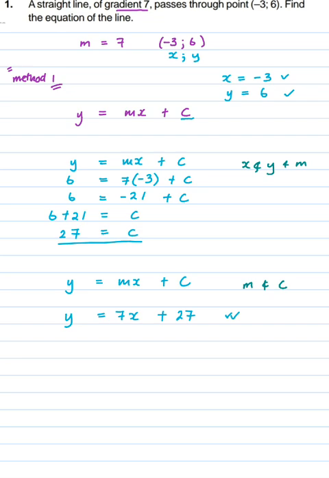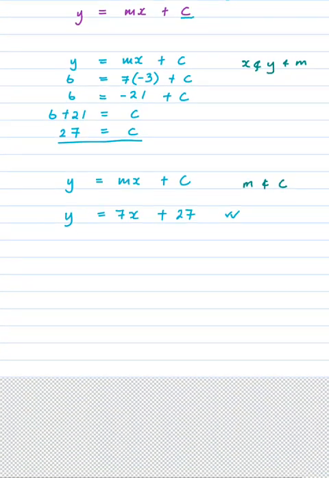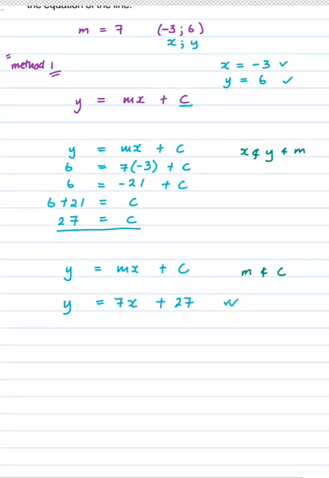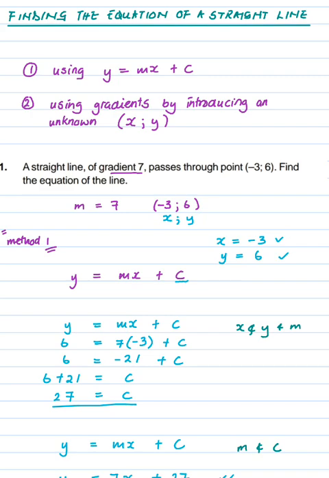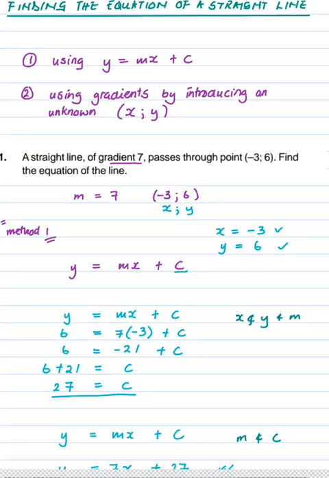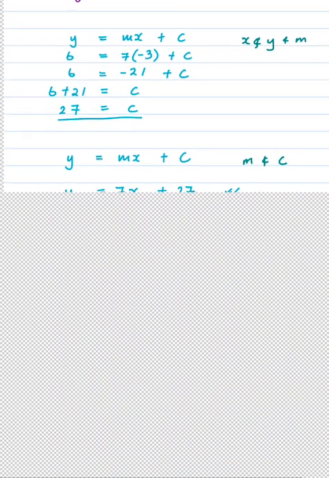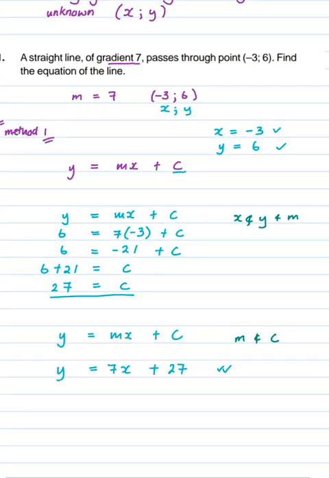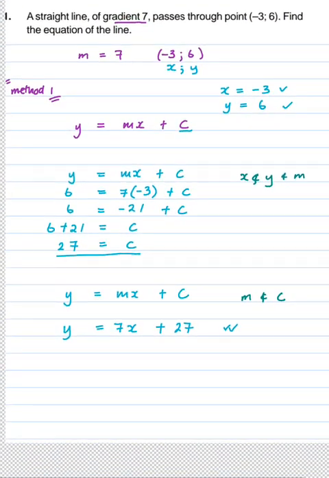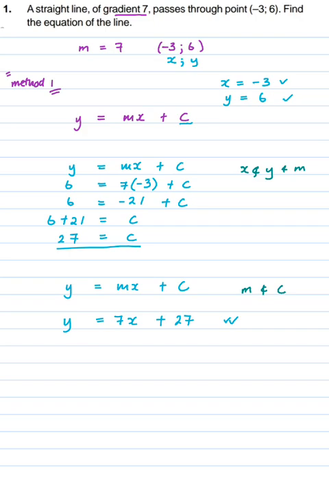Then we look at method number 2. Method number 2 is using gradients by introducing an unknown point, x, y. Let's just take our details.